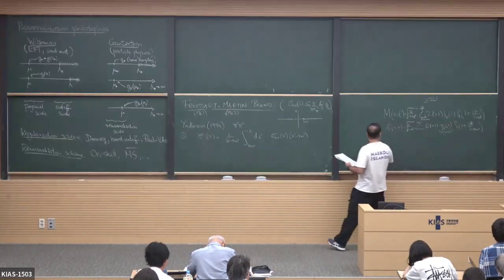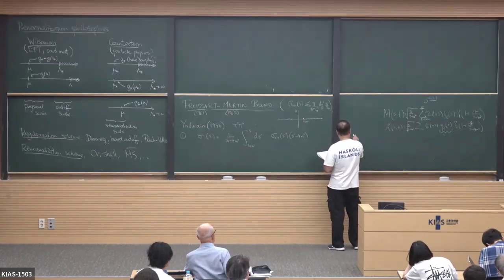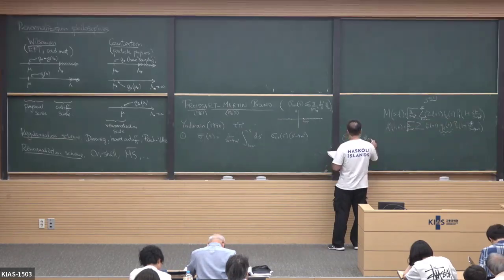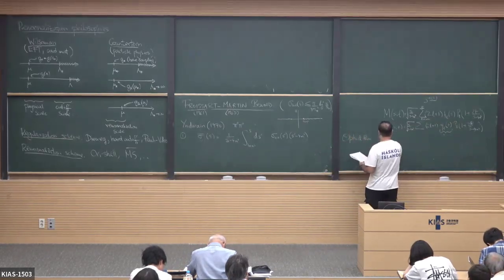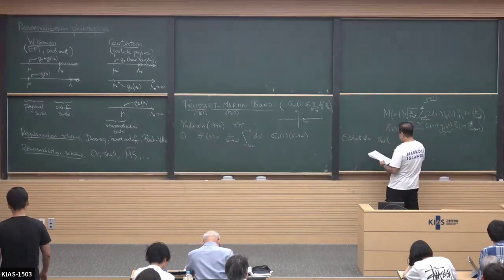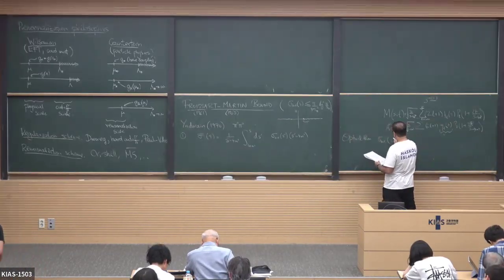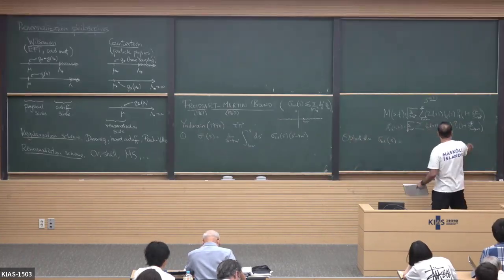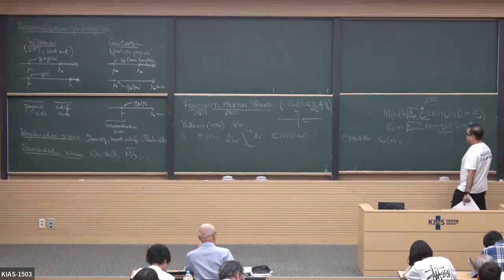And the final ingredient that you need is the optical theorem. Optical theorem tells you that the total scattering cross section is related to the absorptive part in the forward limit. So the formula is simply, in the forward limit, you will just set t equal to 0.